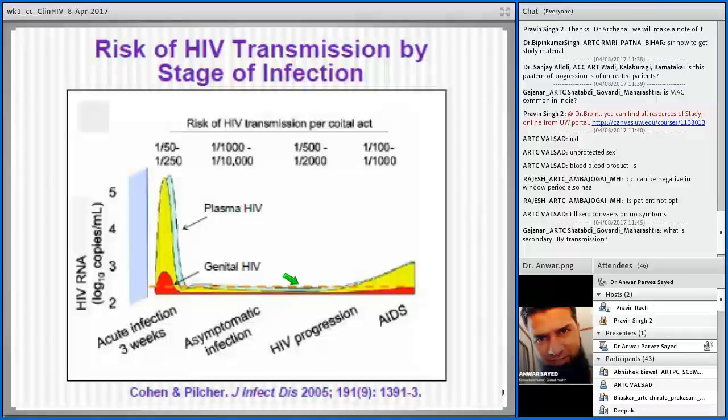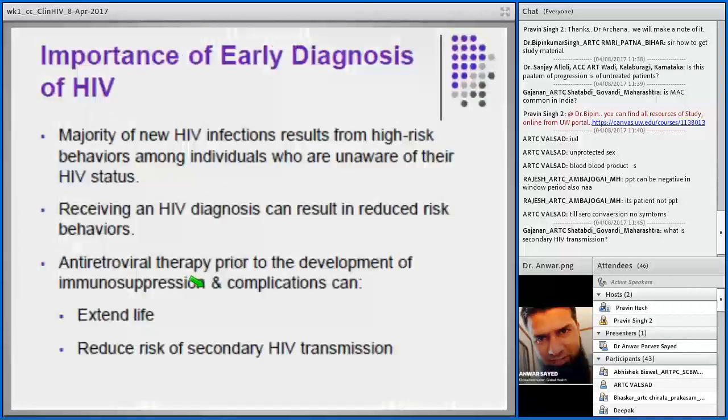Because irrespective of whether a person is HIV positive or negative, universal safety precautions should be followed by any person who is doing surgery. Of course, when there is a stage of AIDS, viral load will increase. So putting patients on ART early will help in reducing transmission risk again.